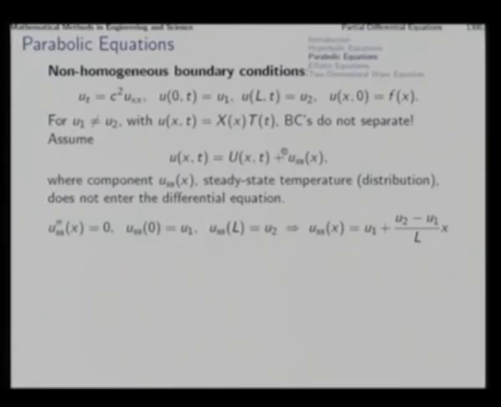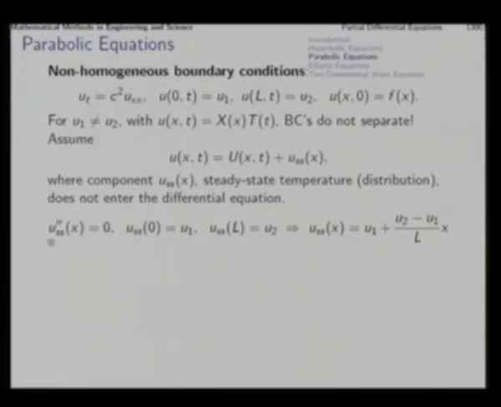We will be able to separate the variables if U_SS does not enter into the differential equation at all, that is, if its second derivative turns out to be 0. So the second derivative of U_SS is 0 and it satisfies the boundary conditions. This gives us a boundary value problem of an ordinary differential equation.